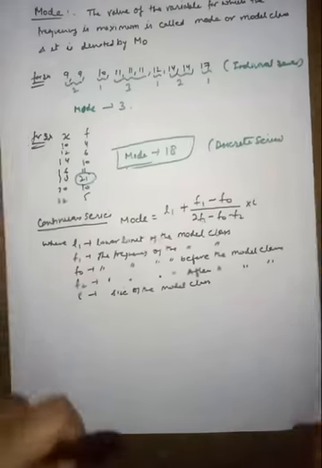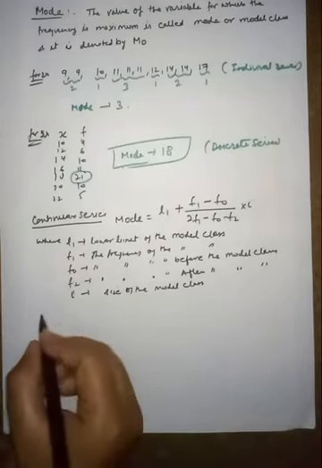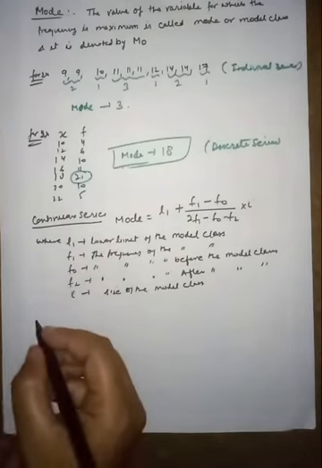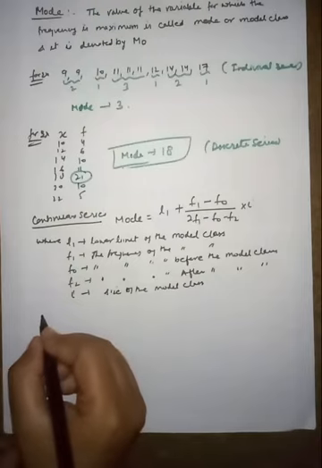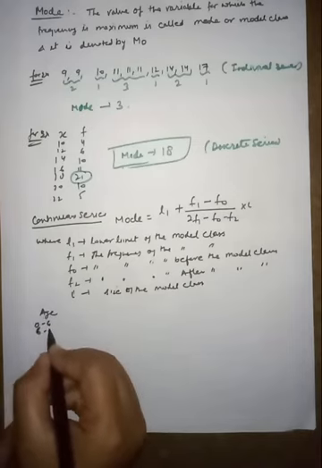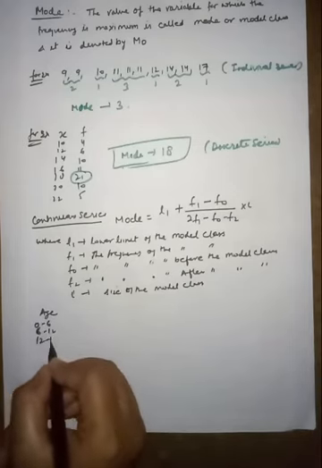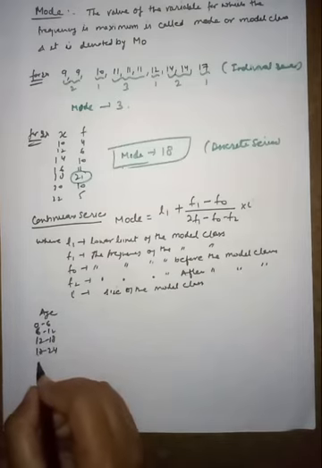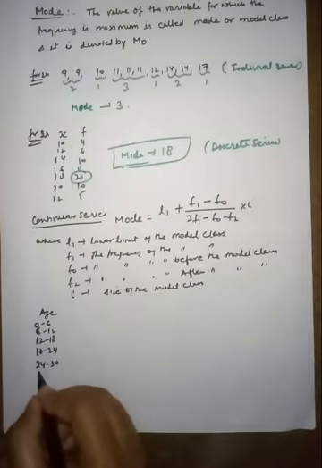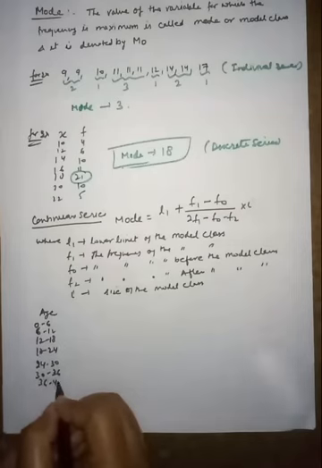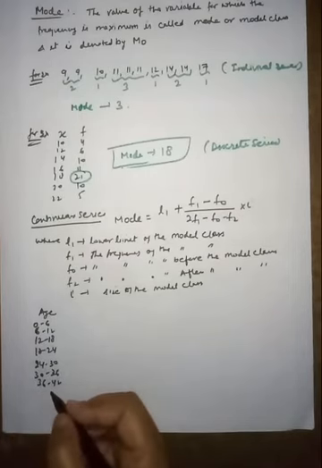Suppose I have taken a class interval. As you know, for the continuous series we have class intervals. Suppose this one is age. Each class interval: 0 to 6, 6 to 12, 12 to 18, 18 to 24, 24 to 30, 30 to 36, 36 to 42, right?